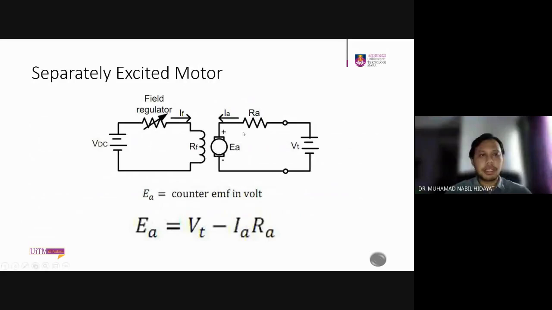For example, we will look into the separately excited motor.